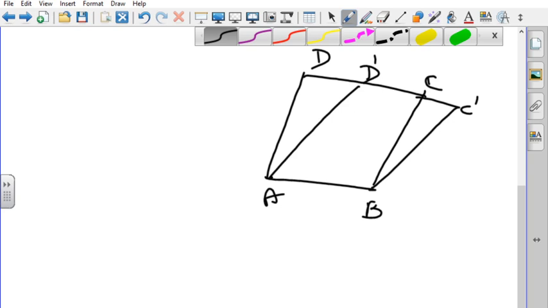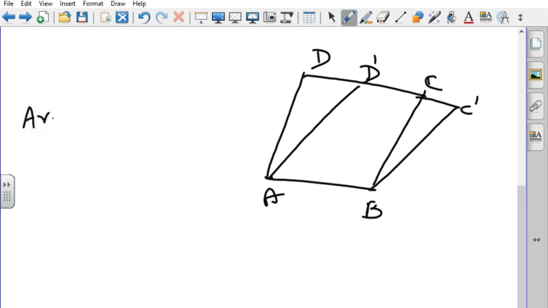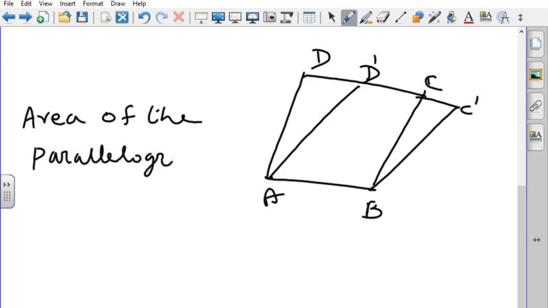So now consider the area of the parallelogram AB, C dash, D dash.